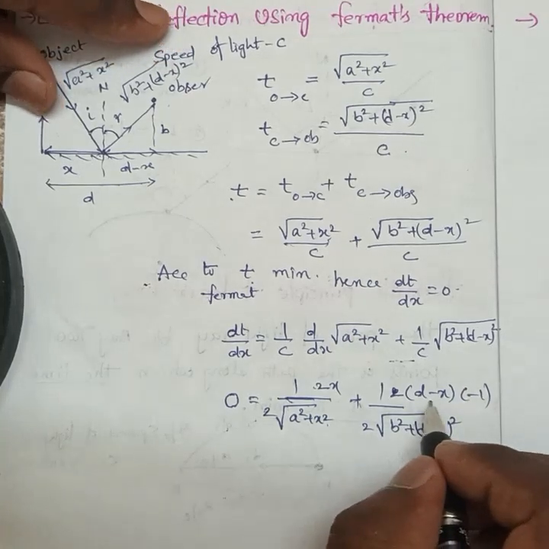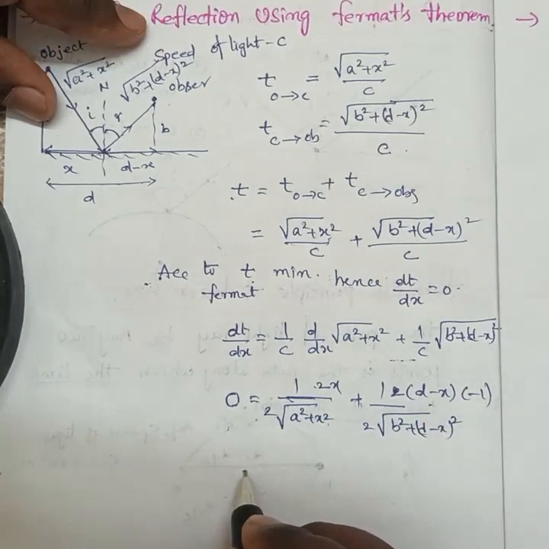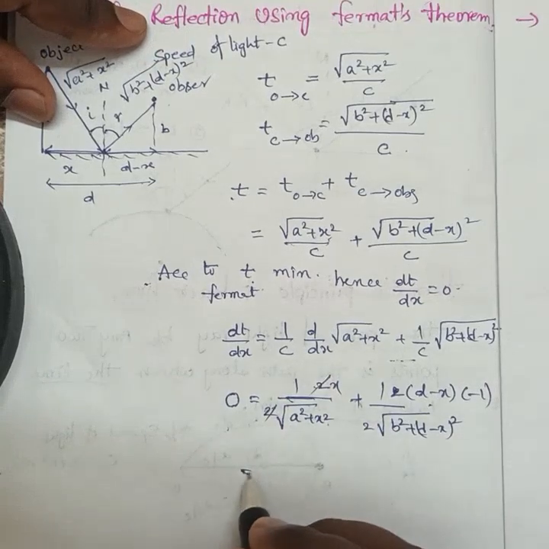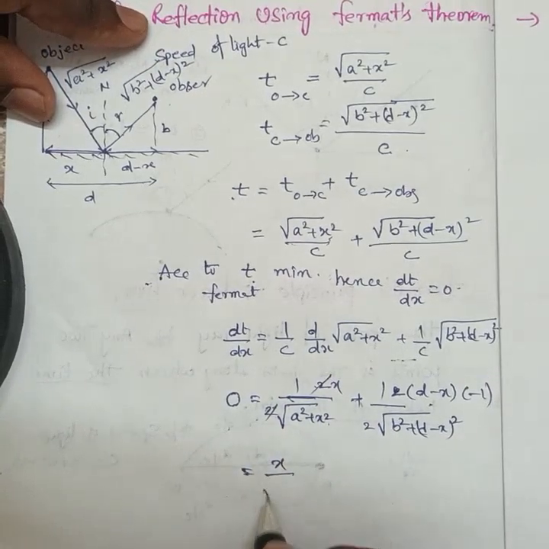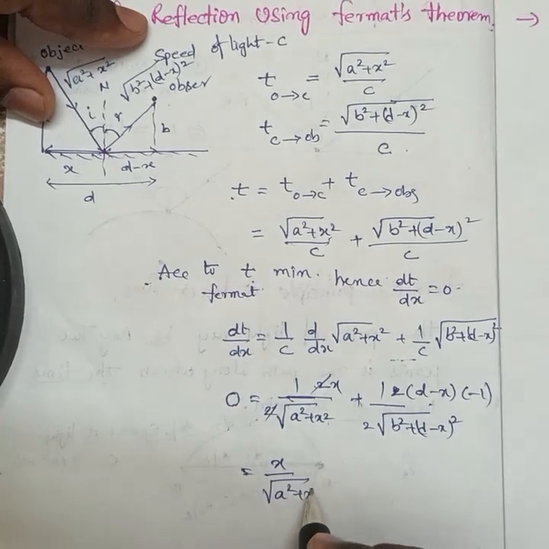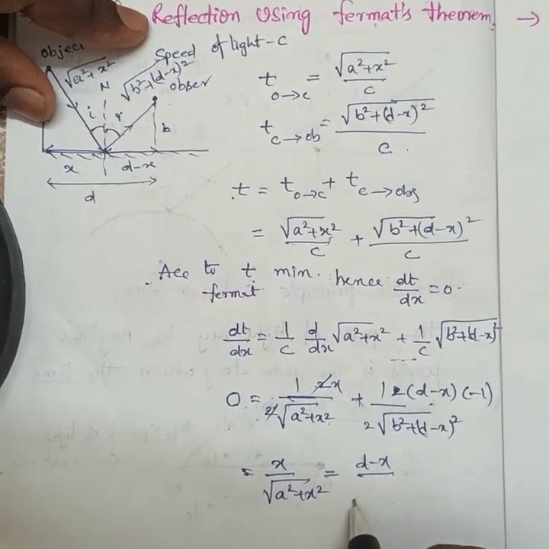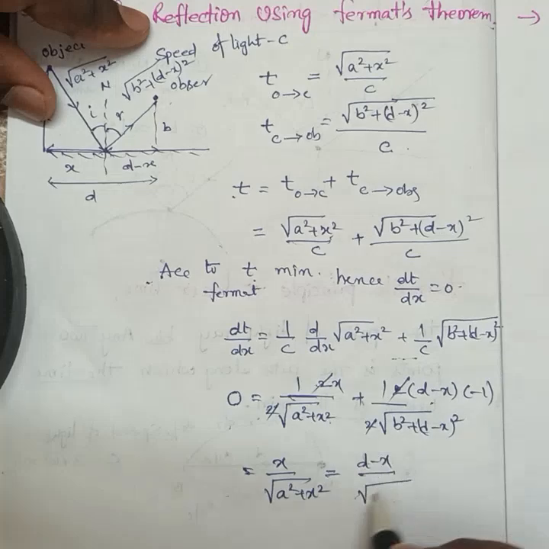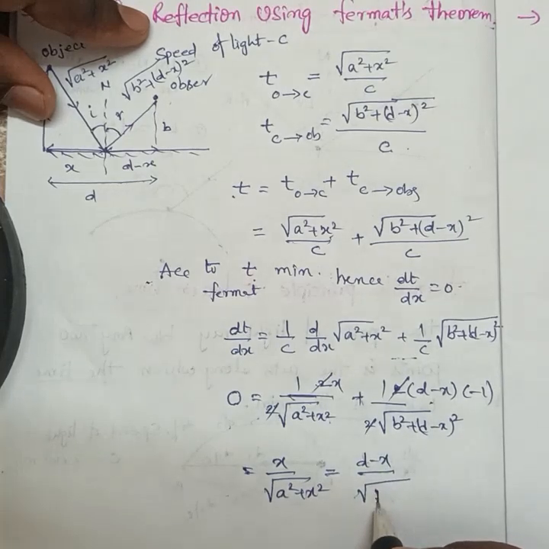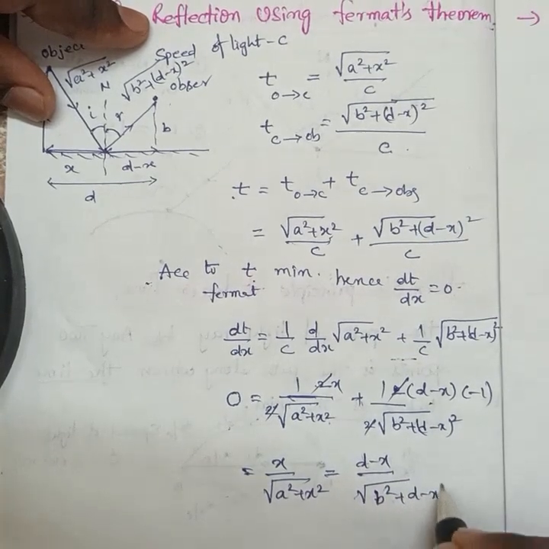Why? Because again we need to differentiate the inner function. So the 2 and 2 get cancelled, and x divided by under root x square plus a square must equal (d minus x) divided by under root b square plus (d minus x) whole square.